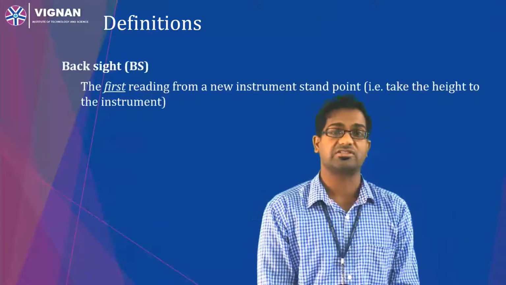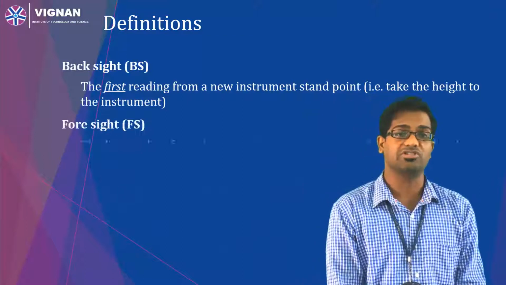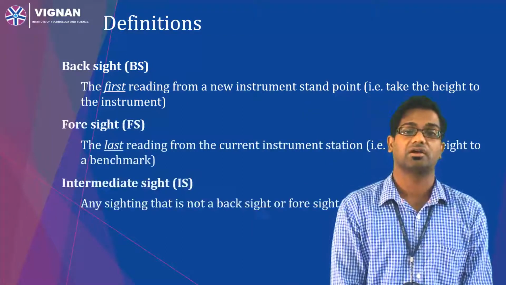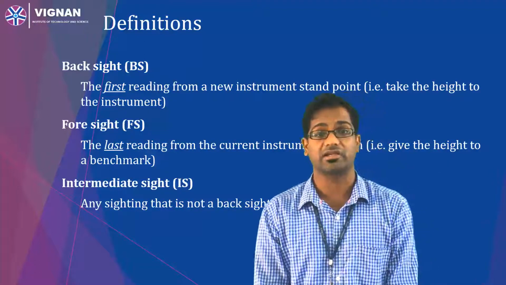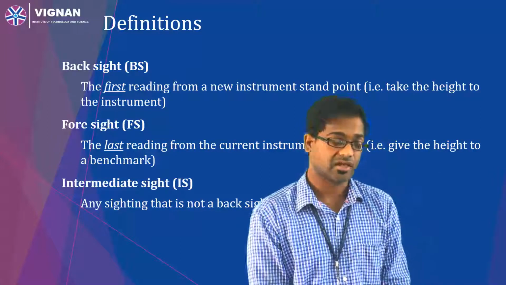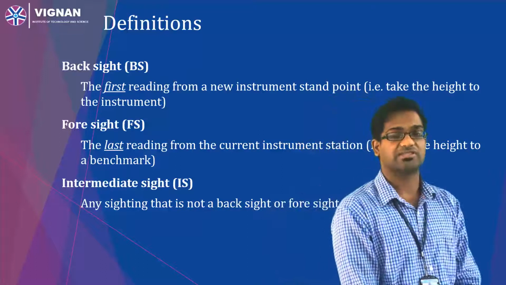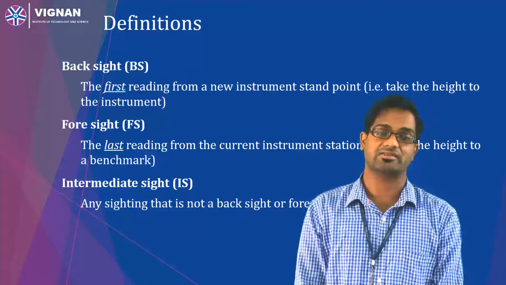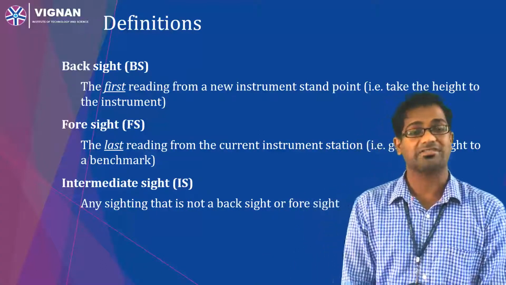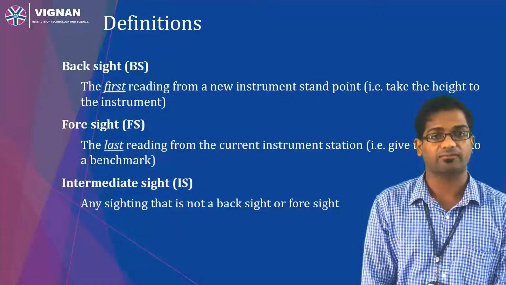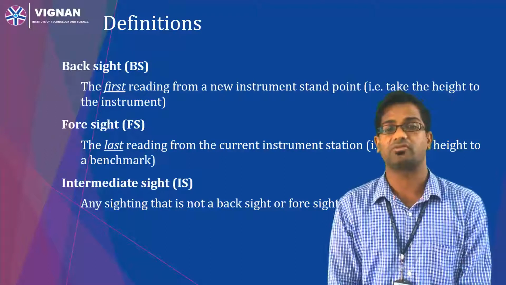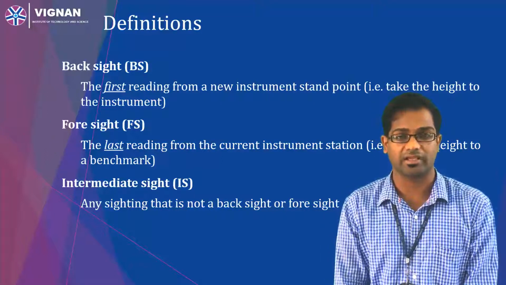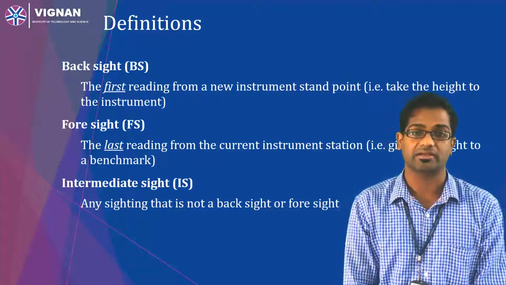Continuing with the definitions, we have 3 foremost important definitions which are back sight, foresight and intermediate sight. Students often get confused about what these sights are. When you set up your instrument station, the first measurement you take is called a back sight.